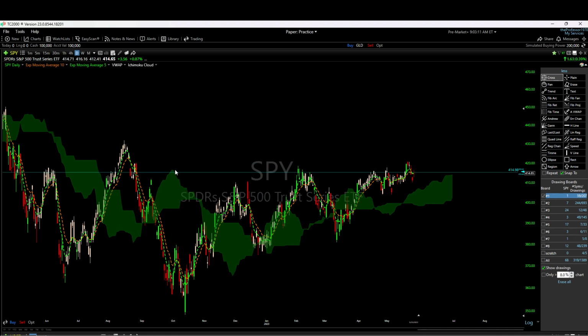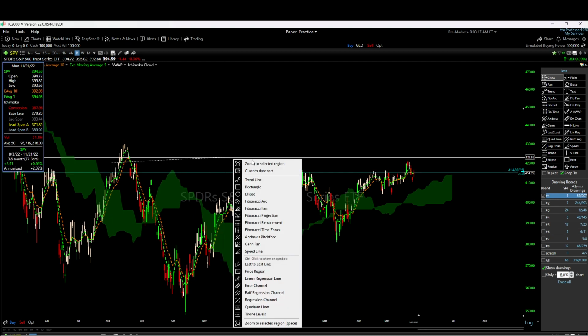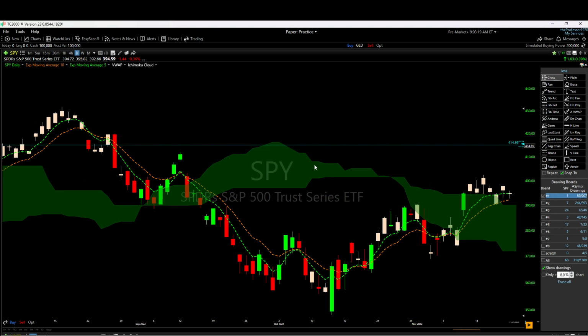So what I would have to do is zoom in to this cloud level, okay? And I am going to start looking for flat parts and breaks in the cloud. These flat parts are formed by price action in the past, because remember, these cloud lines were printed in the future based on historic price action.